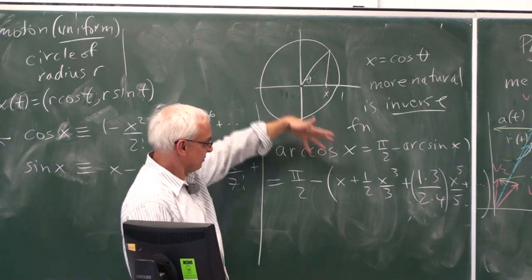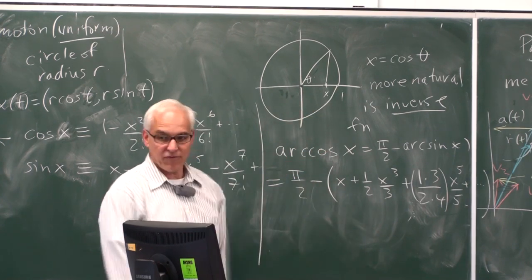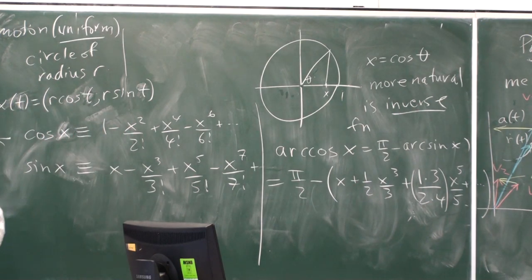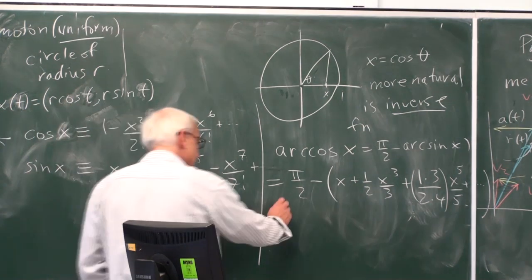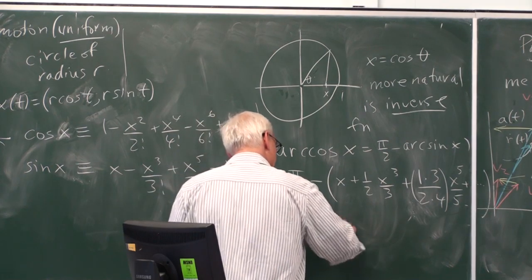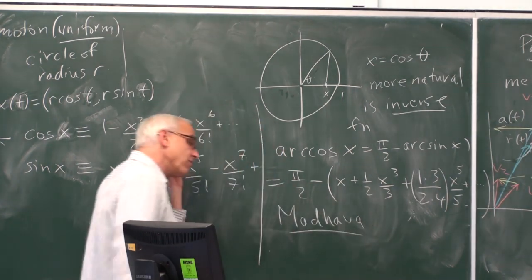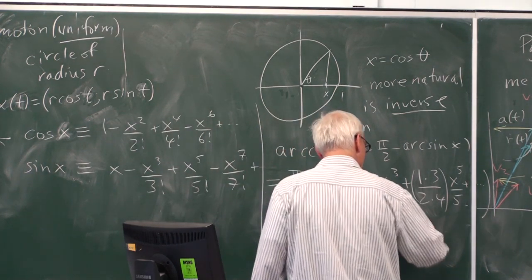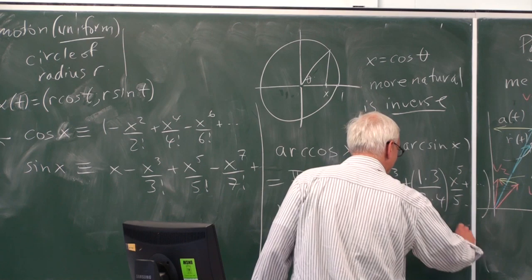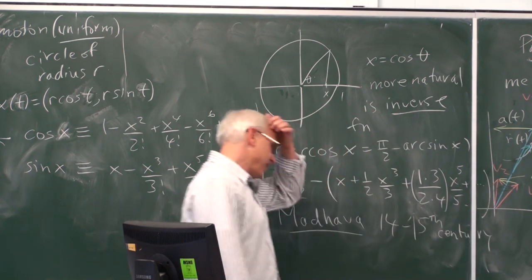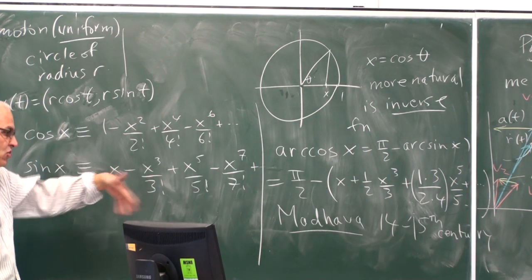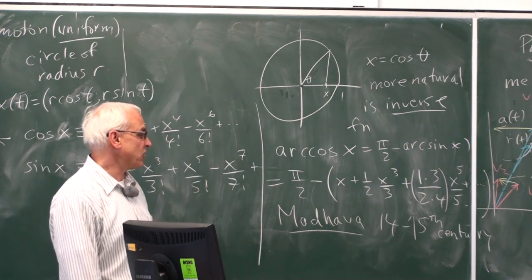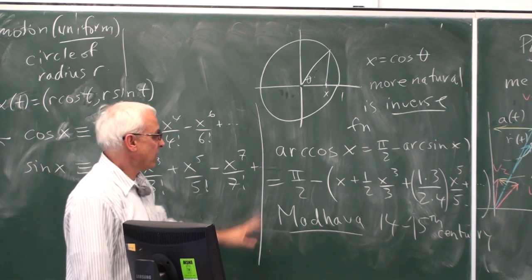And you can work it out somehow or another and get this formula. But it turns out that this formula was in fact known before Newton by Indian mathematicians. There's an Indian mathematician, Madhava, who I believe lived in the 14th century, maybe 15th century. And his school, maybe we're not entirely sure if he knew these formulas, but anyway, his school certainly knew this formula in Kerala, southern India, in the 16th century, so these were sort of well known.